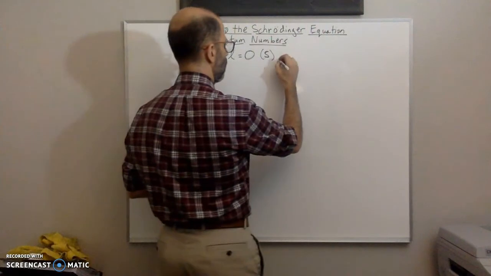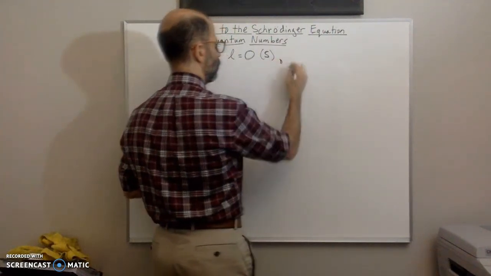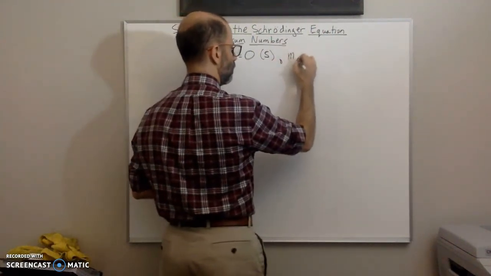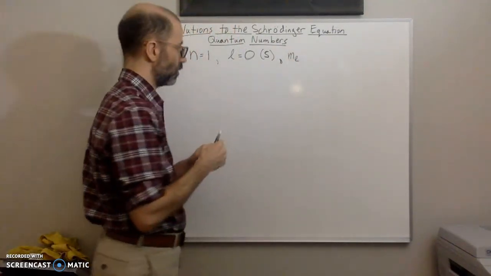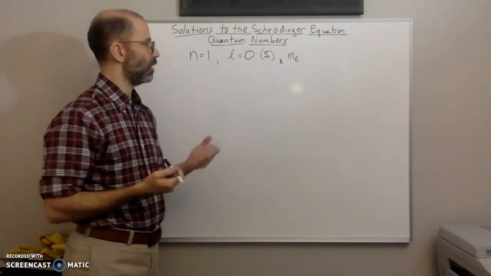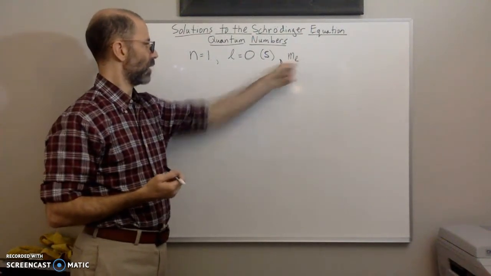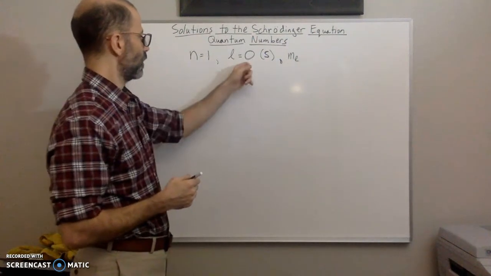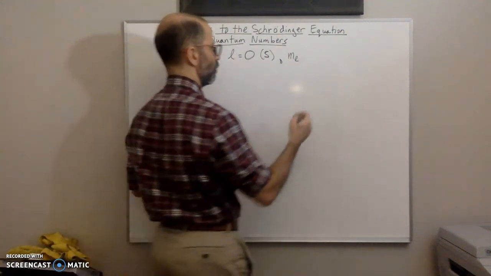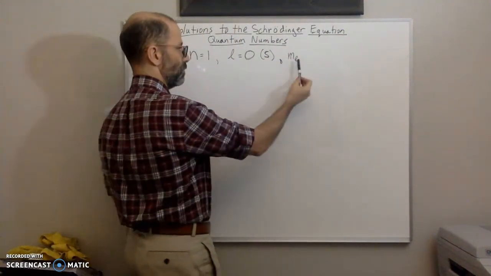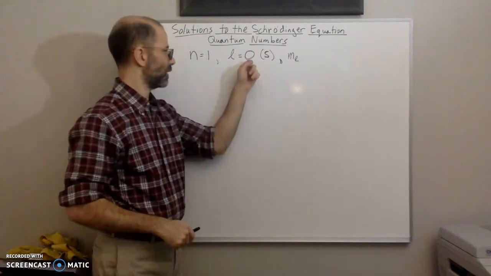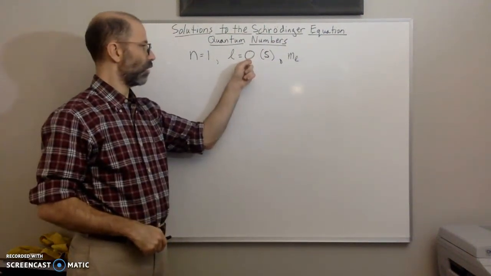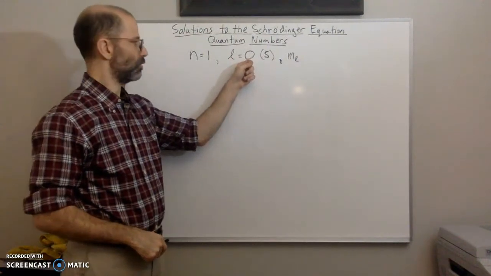And then you can get your m sub L values from that as well. Your magnetic quantum numbers come from the L. Remember, your m sub L values range from negative L to positive L, but in this case your L value is 0.